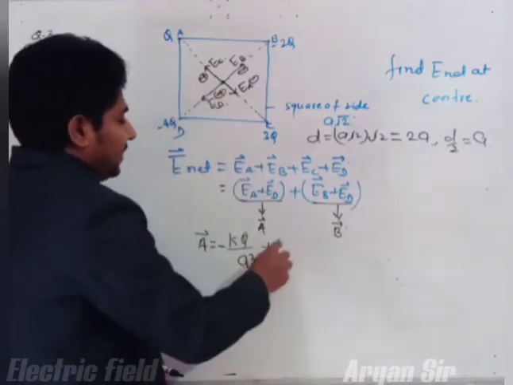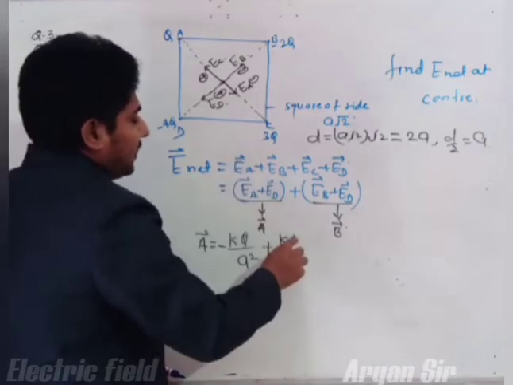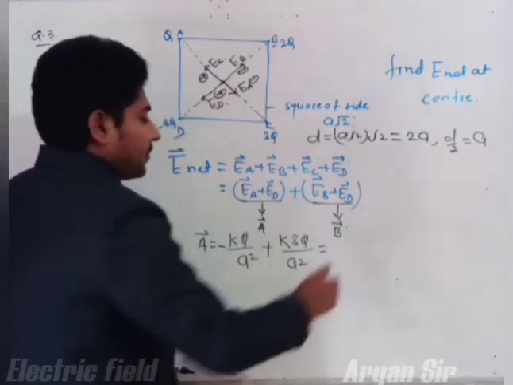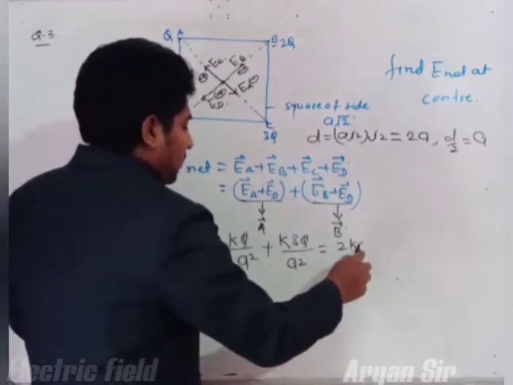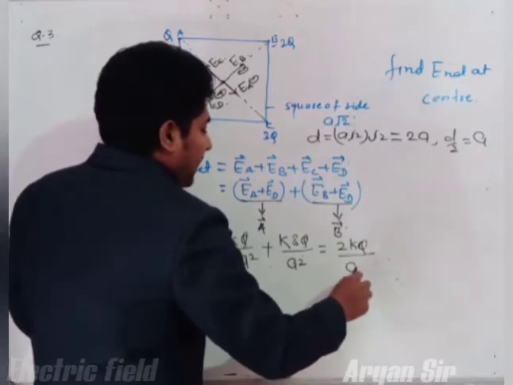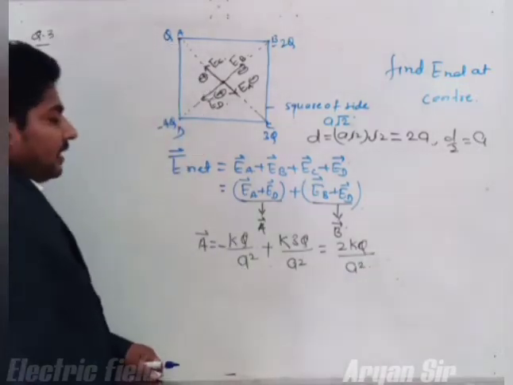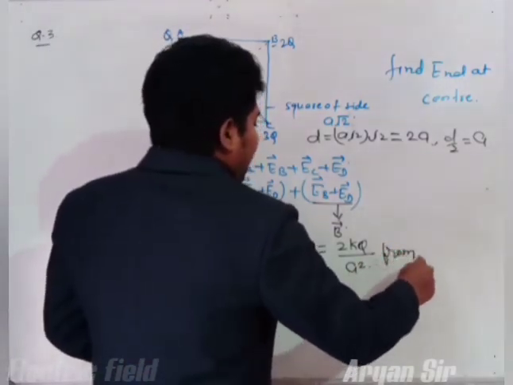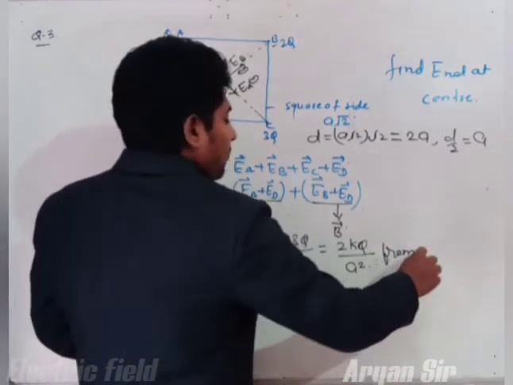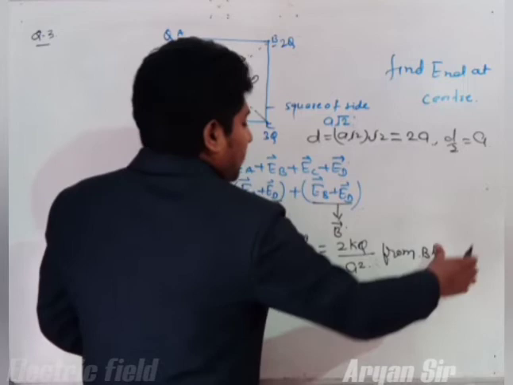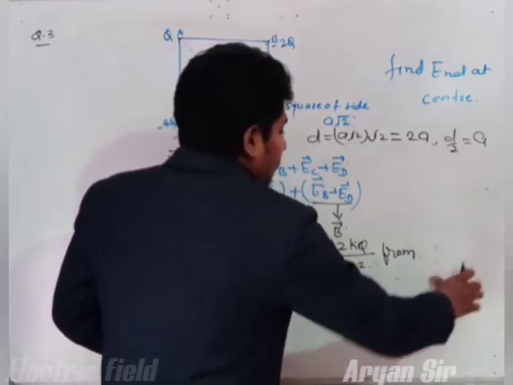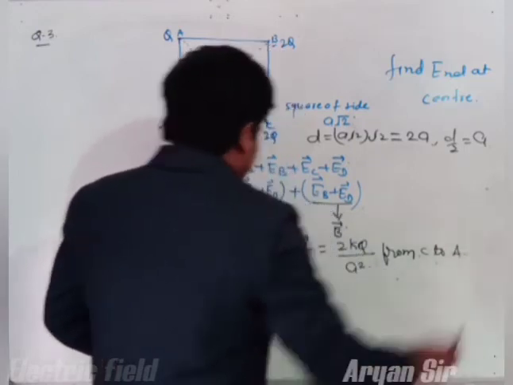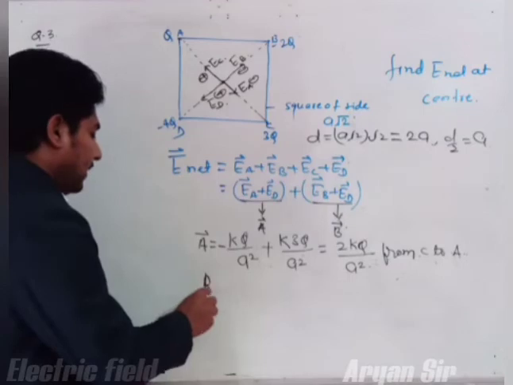It has a positive sign. K, what will be the charge? 3q by a square. So we can write it as 2kq by a square, and it is directed from C to A. See?